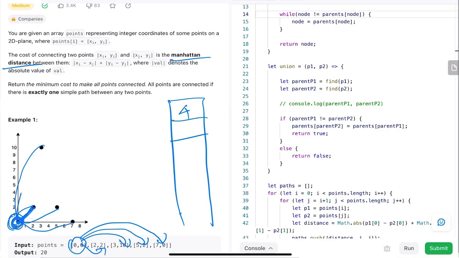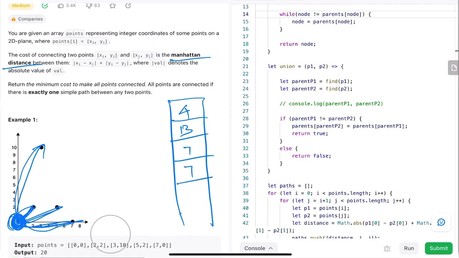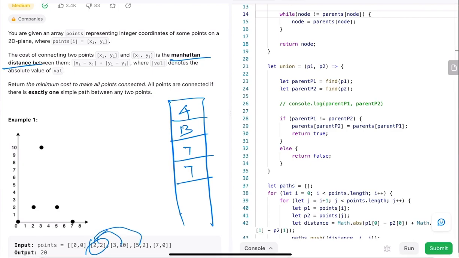From this point to this point, the distance is 13. From this point to this point, the distance is 7. From this point to this point, the distance is 7. Likewise, we have done it for this point, from this point to all other points. Same way, we have to take this point and calculate for all other points.